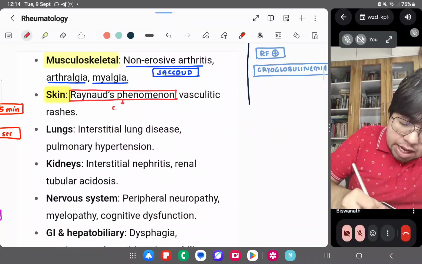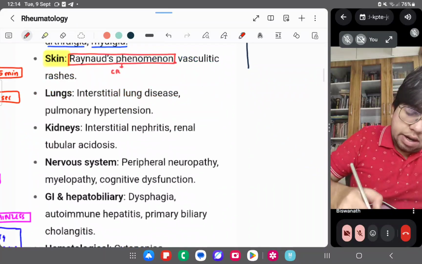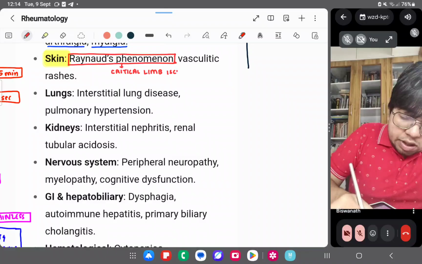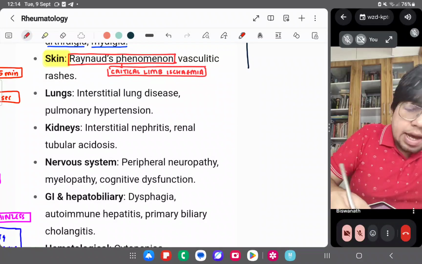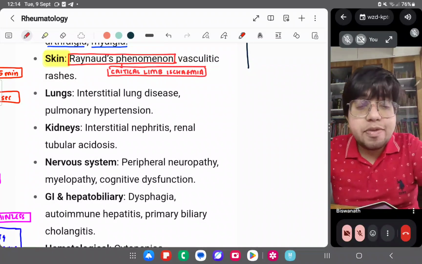It is producing critical limb ischemia. In one third of patients, it is causing a critical type of limb ischemia.